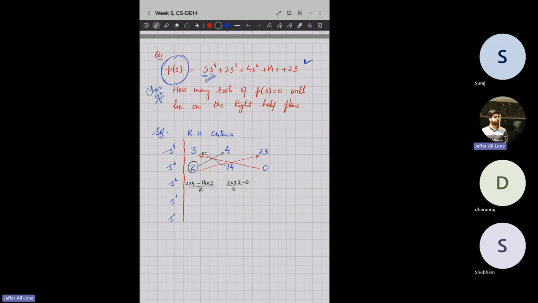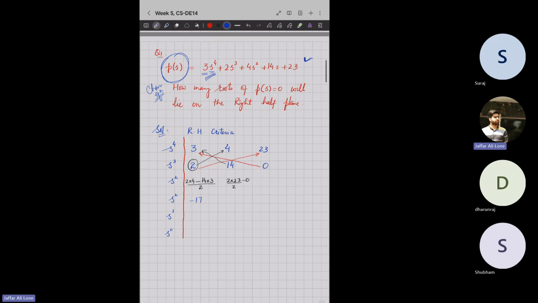I'll write this S square row again. If we solve it, it is 8 minus 42 divided by 2, which is minus 34 by 2, that is minus 17. Similarly, 2 and 2 go, this is 23.